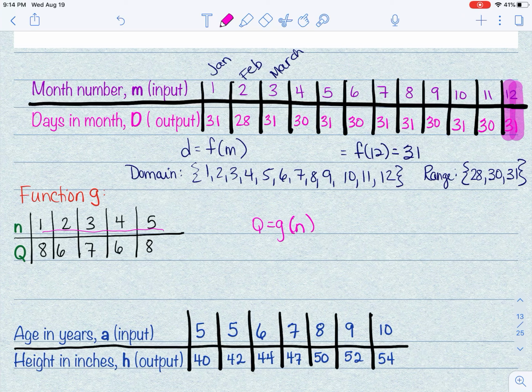Well, I'm looking, all of the x's, none of those repeat, so yes, that would be a function. And then for the domain, you could just list the numbers 1 through 5, and then for the range, we can list the numbers 6, 7, 8.